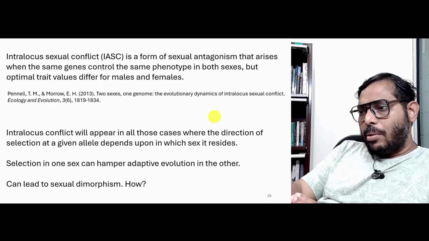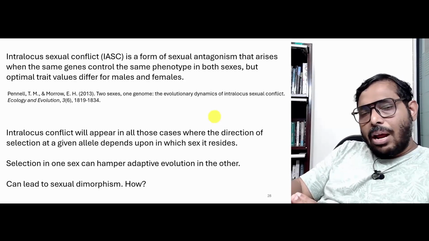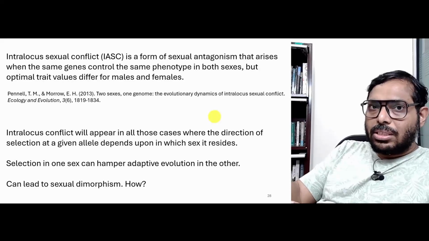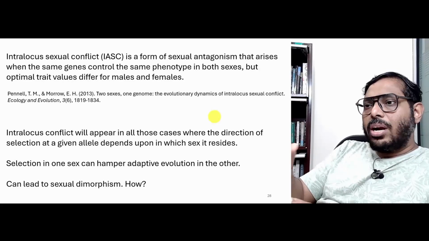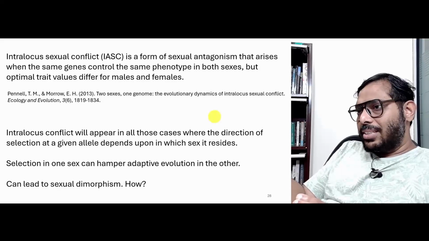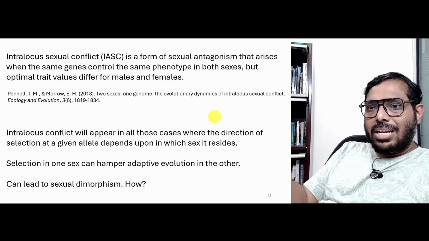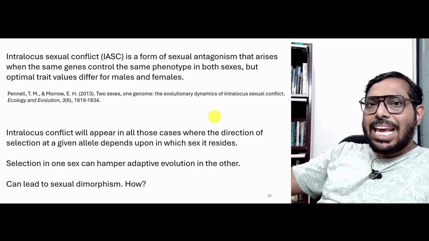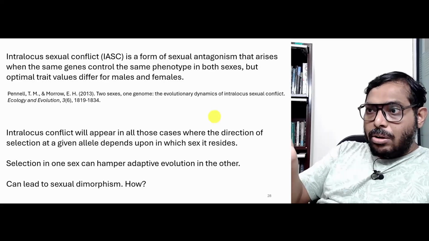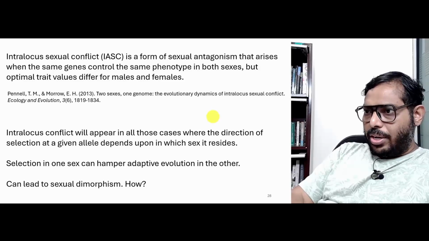So, again we are presenting a graphical representation of the whole thing, but people have actually modeled this in a nice way and have figured out all the various genetic conditions under which these kinds of things can happen. We are not going into those genetic details, but I am just showing you the stages through which sexual dimorphism can evolve because of intralocus sexual conflict.